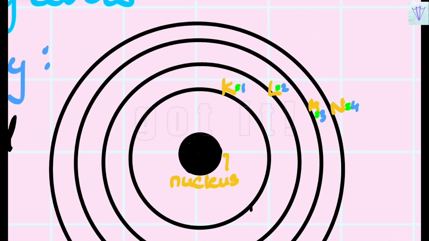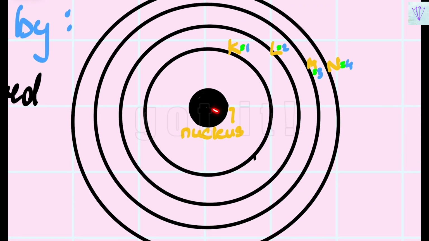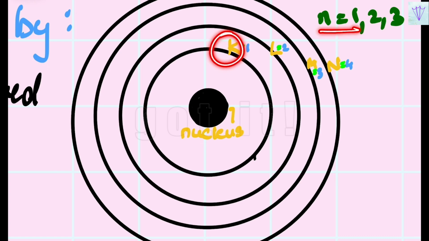Here we can observe that he has named each and every shell. The orbit which is closest to the nucleus is named K, then L, M, N, and so on. He also noted that n is equal to 1, 2, and 3; that is, we can take K to be n equal to 1.